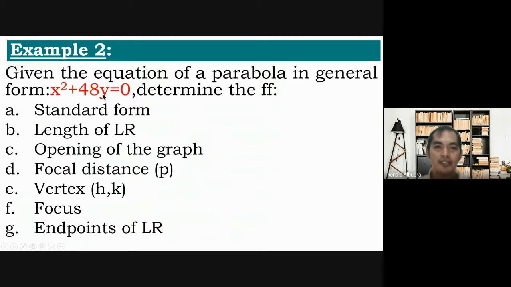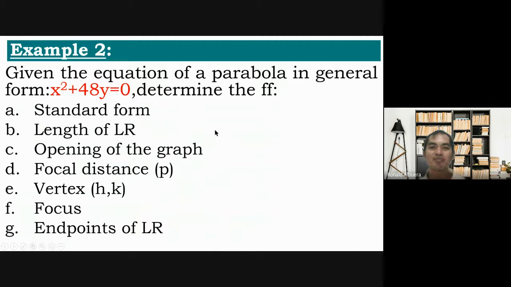We have here the given. The given equation of the parabola in general form is x squared plus 48y equals 0. You are going to determine the standard form, the length of LR, the opening of the graph, the focal distance represented by P, the vertex, the focus, it's a point, and the endpoints of LR.